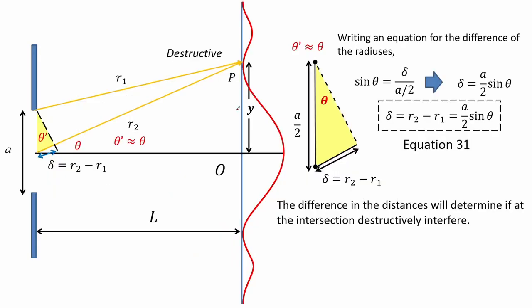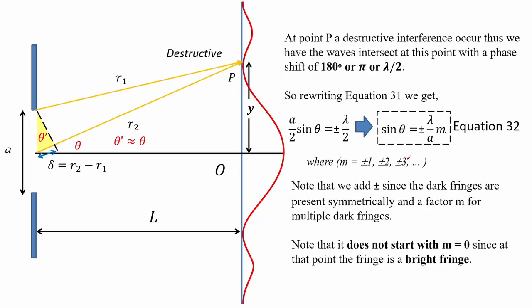From the figure, we write an equation for the difference of the radii shown in equation 31. The difference in the distances will determine if the waves destructively interfere at the intersection. At point P, a destructive interference occurs, thus the waves intersect at this point with a phase shift of 180 degrees, or pi, or lambda over 2.